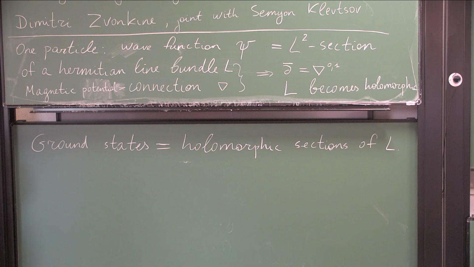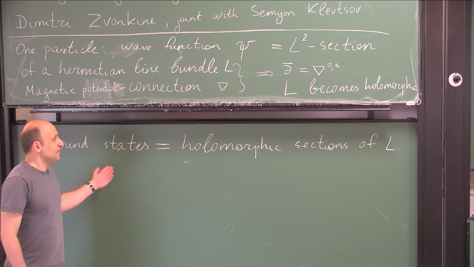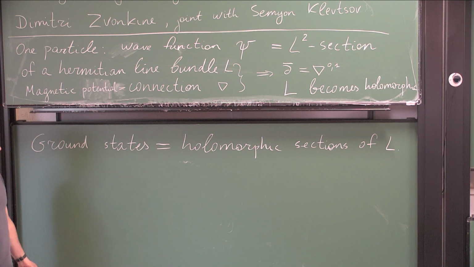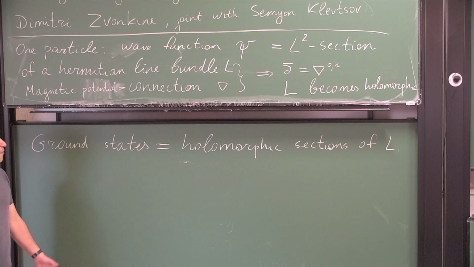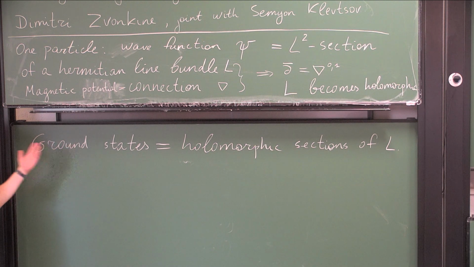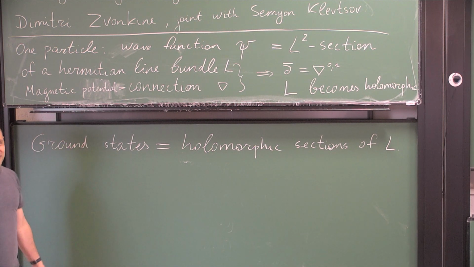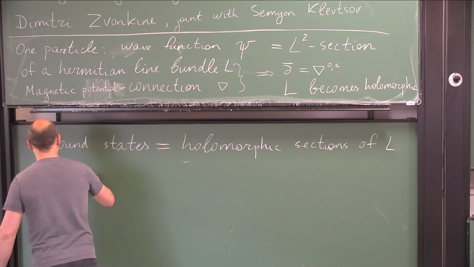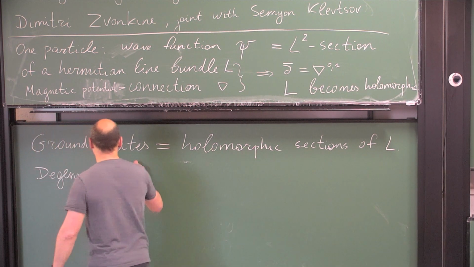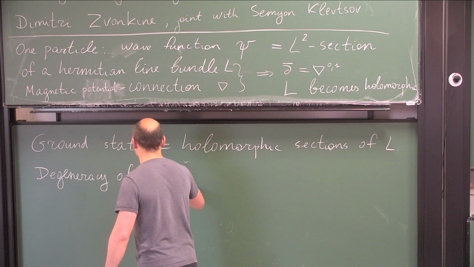Okay. So now we have the first example where the formula from algebraic geometry can answer a physical question. The physical question is, what is the degeneracy of the ground state? Right? Degeneracy of ground state.